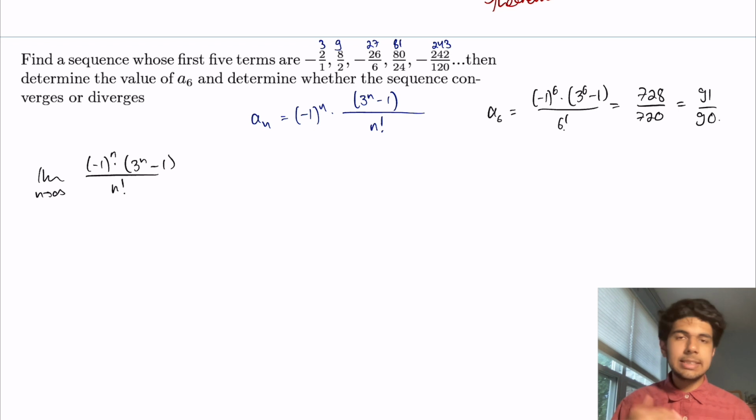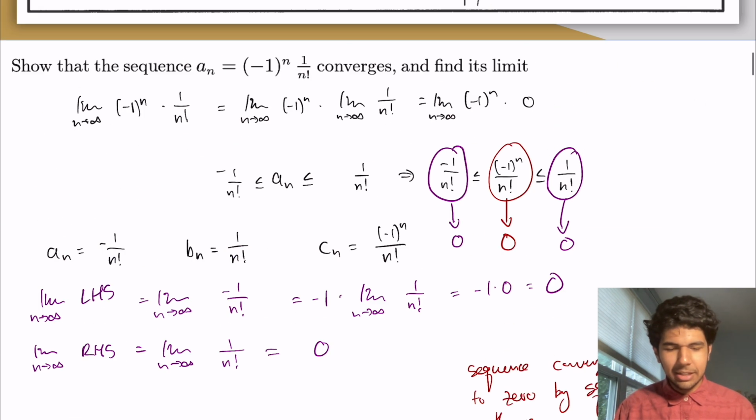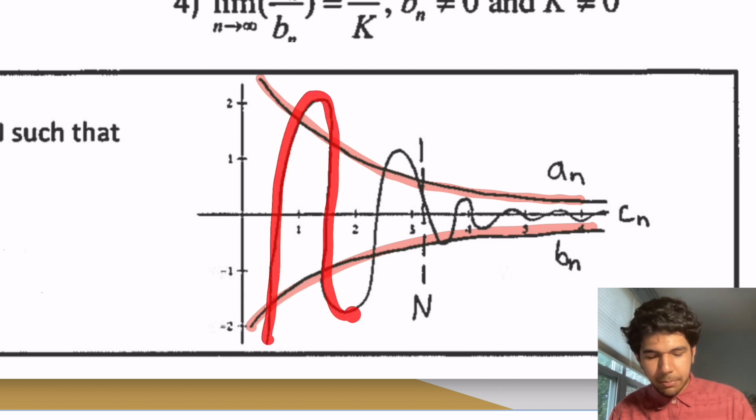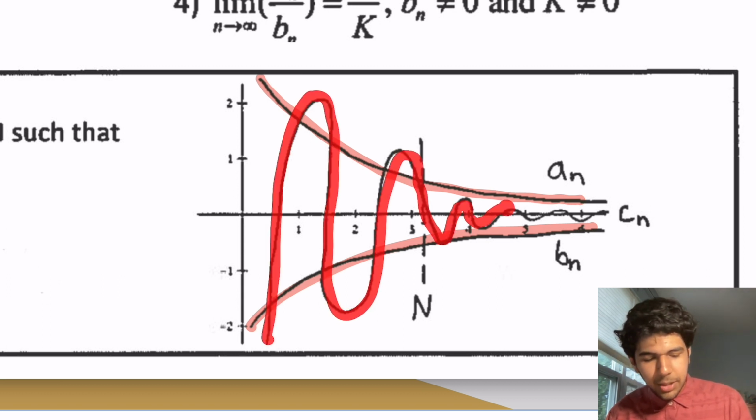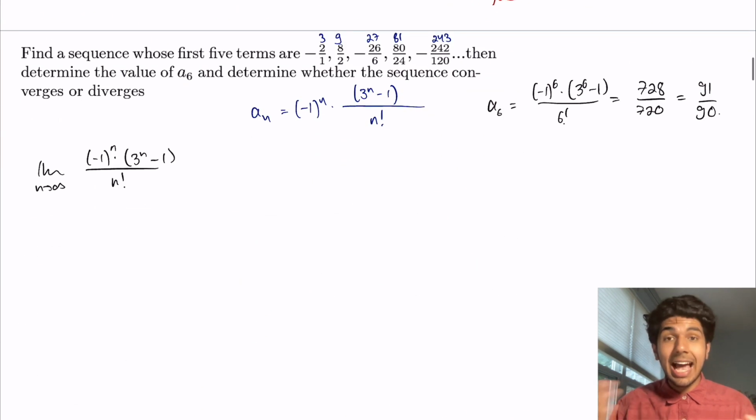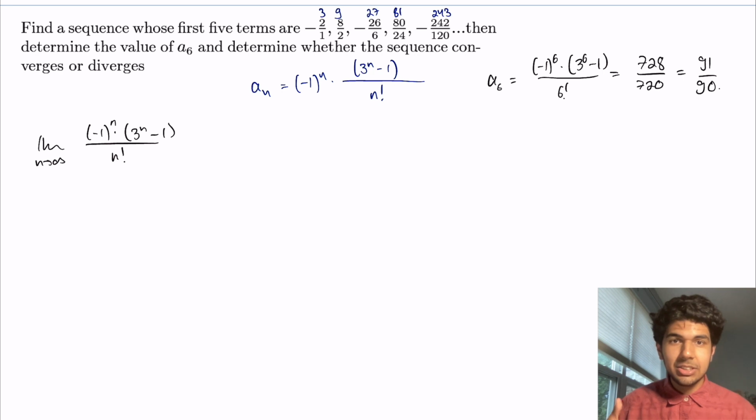Well, if the sign changes, that's fine, as long as we're approaching some smaller and smaller value. So if we scroll back to our picture of the squeeze theorem here, look at c sub n. The terms are going negative to positive, but they're slowly approaching 0, so it is possible to converge. We just need the absolute value of the terms to approach, in that case, 0.